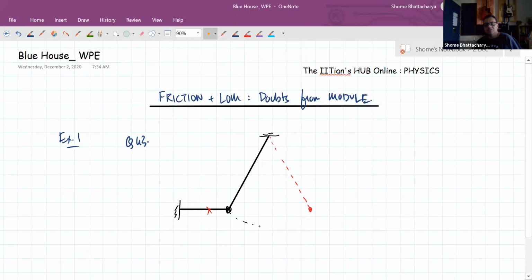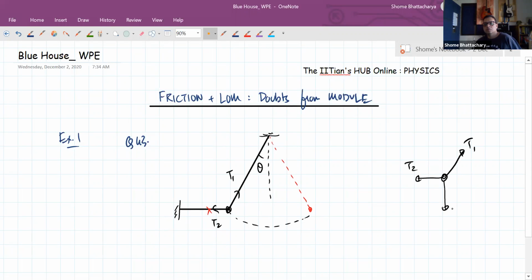Okay, so initially before cutting the thread, when it's at equilibrium, at that point of time, let's say this tension is T1, this tension is T2, this angle is theta. So you have T1, T2 and mg, and this angle as theta.